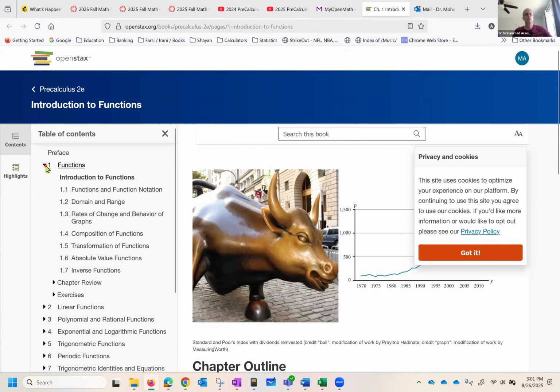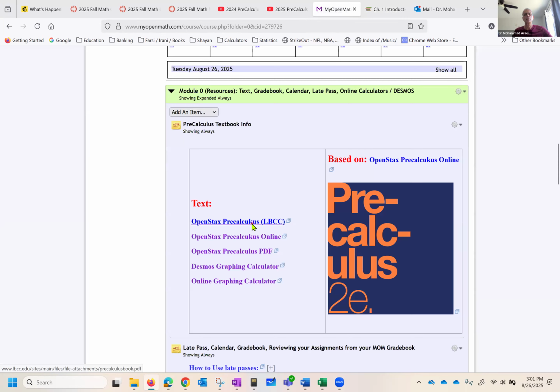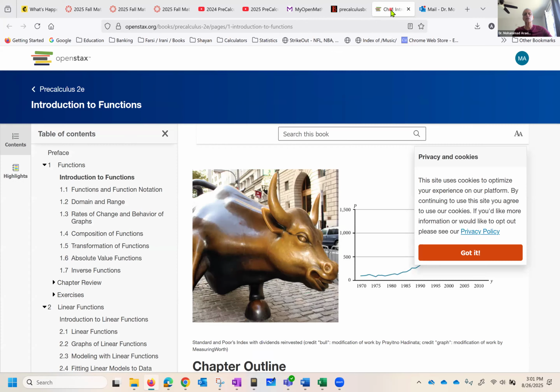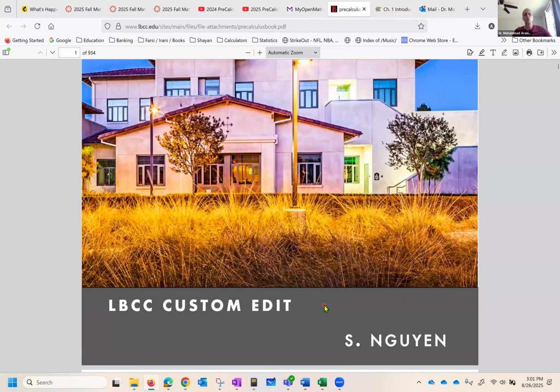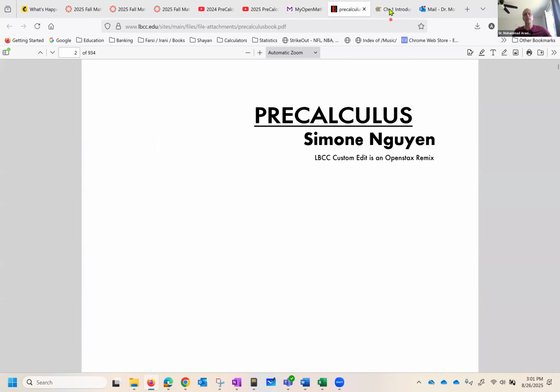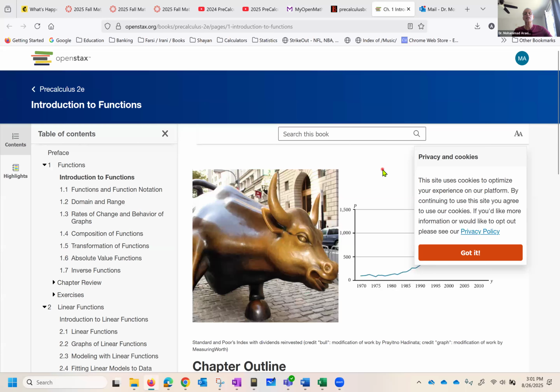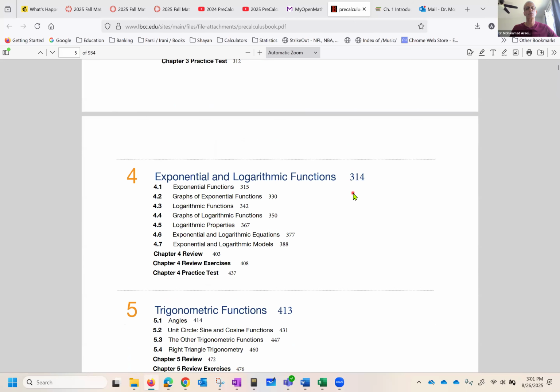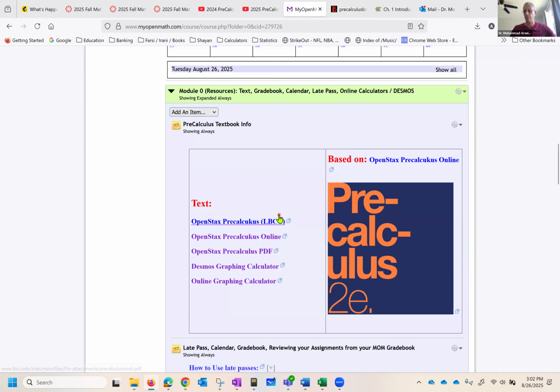You can go to a specific section, chapter, you name it. This is the text that it's based on. The difference is this is in order. This may have a slightly different order. However, this is easier to navigate. This one, you can't navigate it easily. Okay, just to let you know. But ultimately, they are the same. So you have the text here.